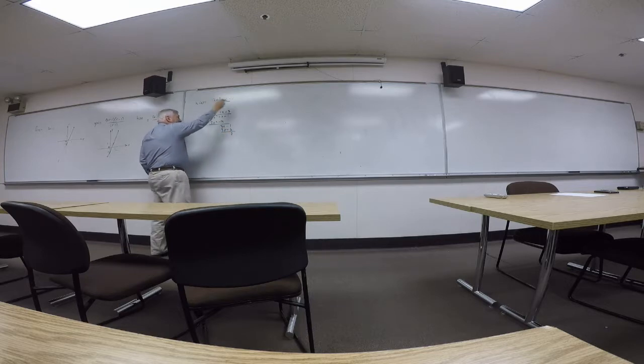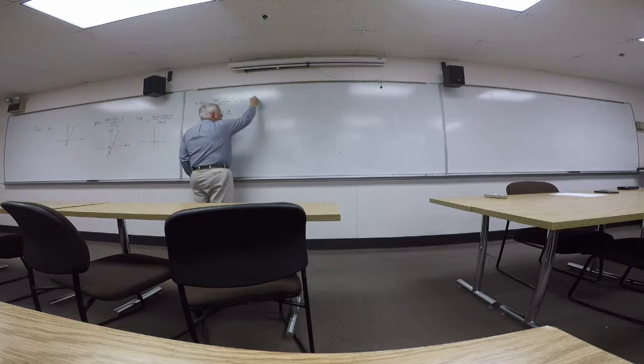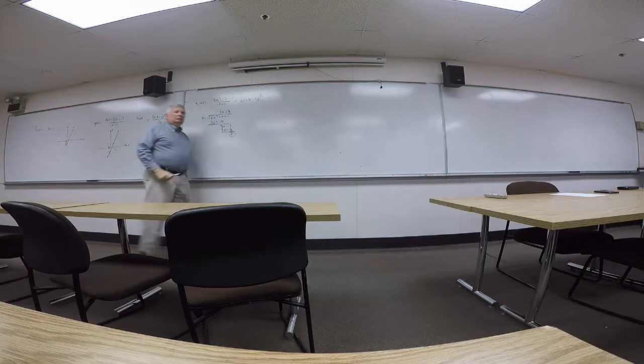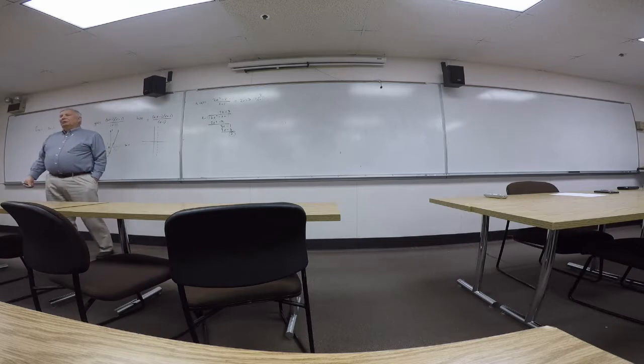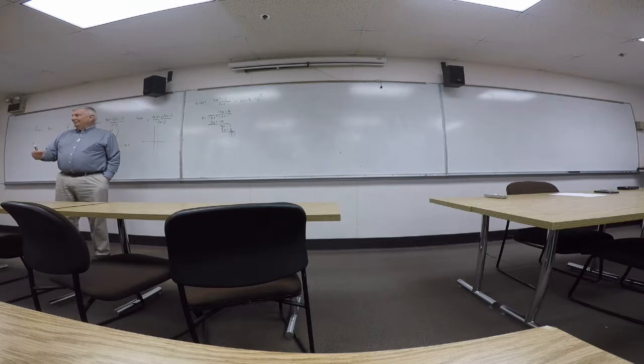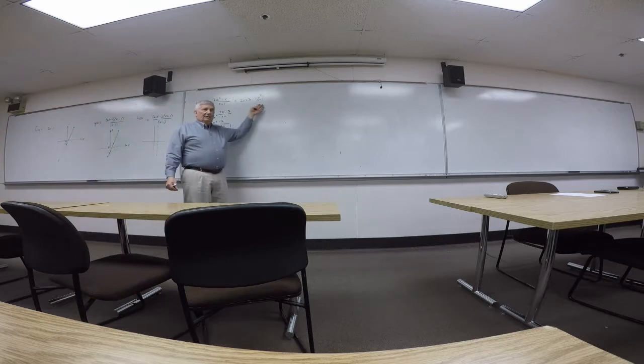So this thing behaves like the line 2x plus 3 with a small addition. I say small addition. That small addition, when x is close to 1, is a very large addition. But when x is very, very large, that makes the denominator very, very large, and this approaches 0.